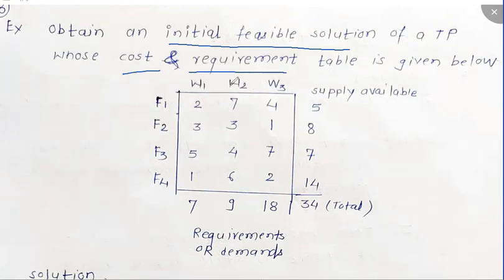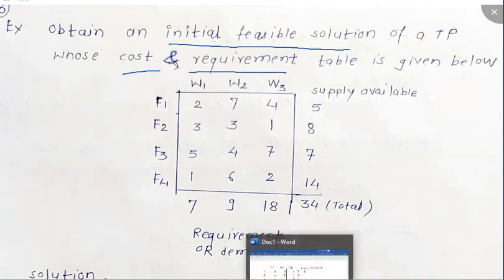Requirements are also given at these warehouses. Quantity of goods available at these 4 factories is also given. And we have to find initial feasible solution of this transportation problem. So let us solve this example using northwest corner rule.